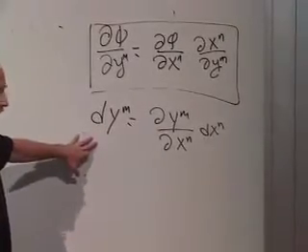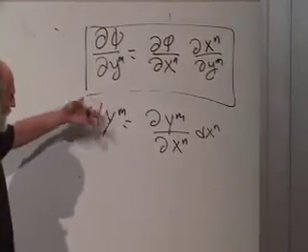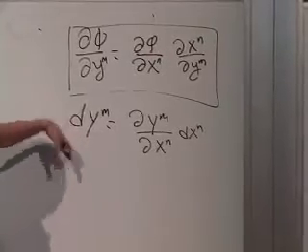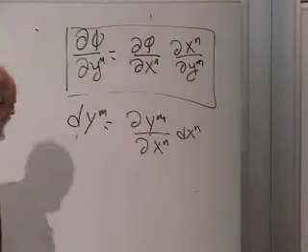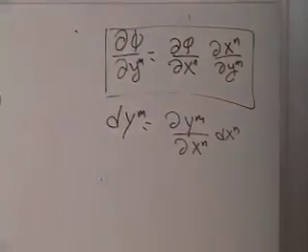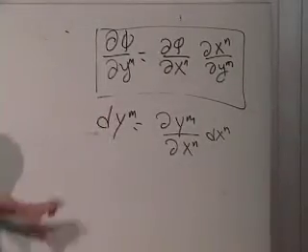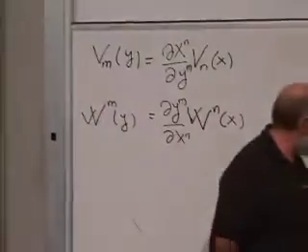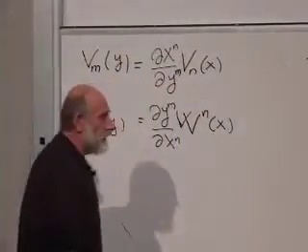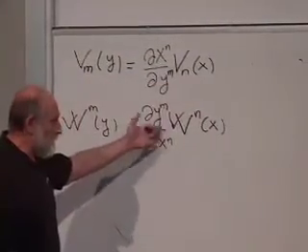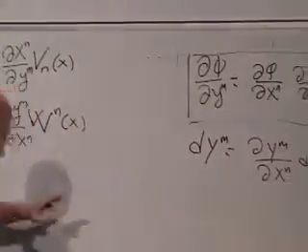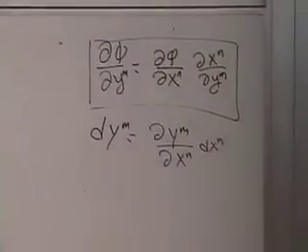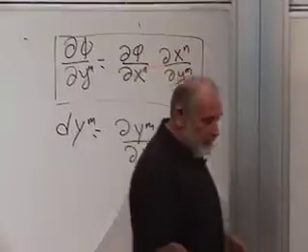It's just a calculus fact. What is it? Some sort of chain rule. They're both some sort of chain rules, I guess. Now if I replace dym by wm and dxn by wn here, this defines the transformation property of a contravariant vector. That's where they came from.